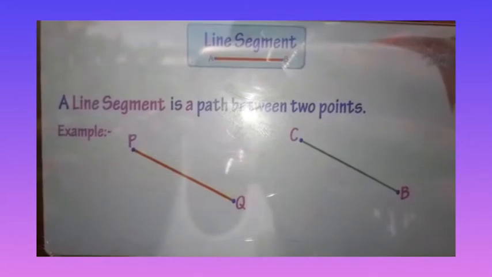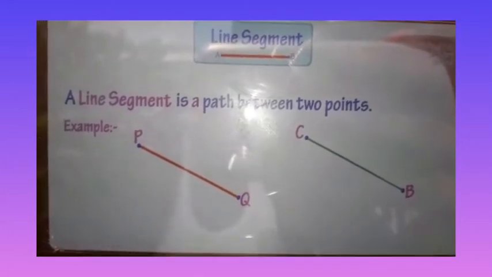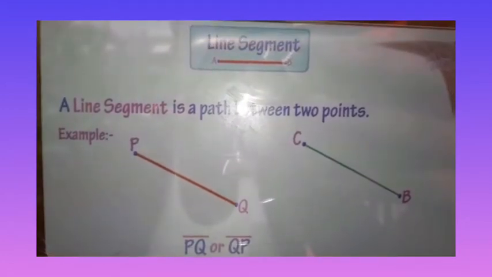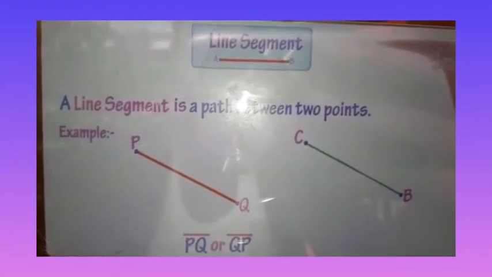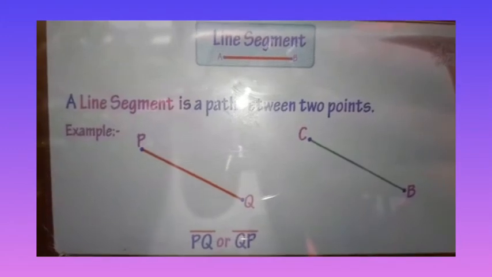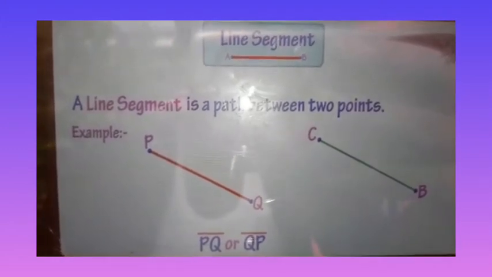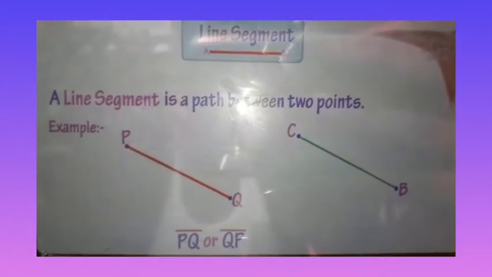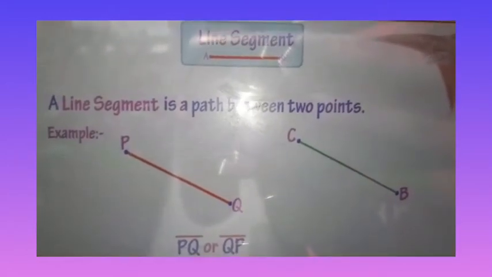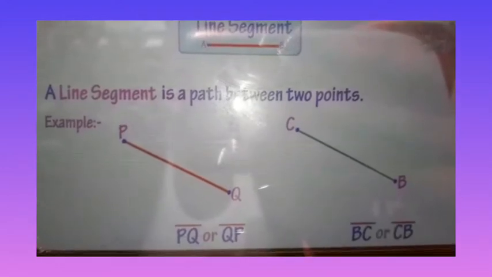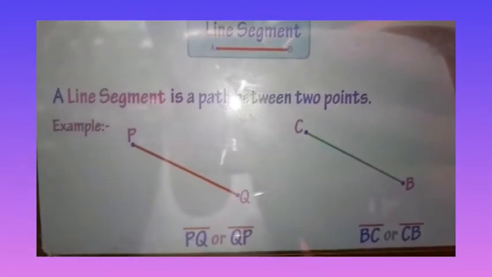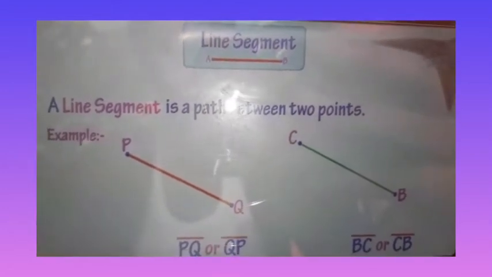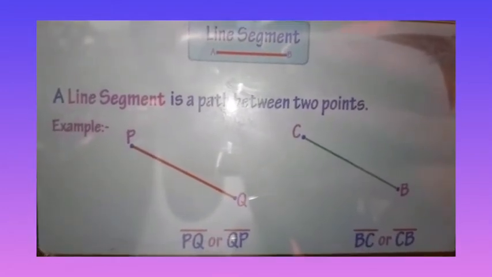This line segment will be written as PQ or QP with a bar above the name. That denotes that it's a line segment. Similarly, this line will be represented as BC or CB. With a bar above the line denotes that it's a line segment.